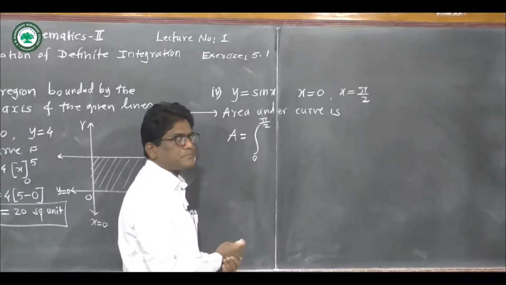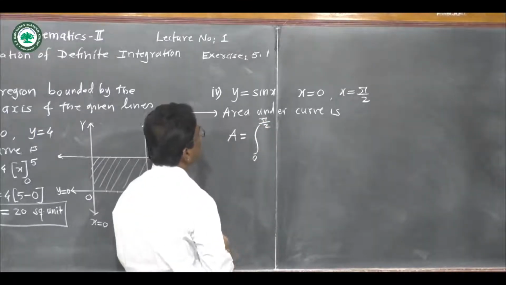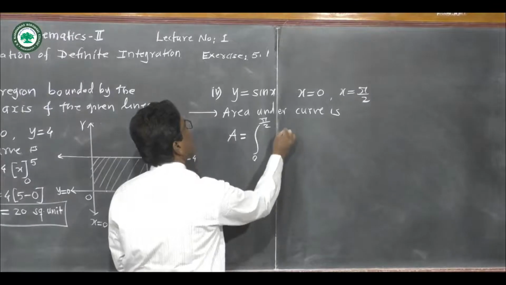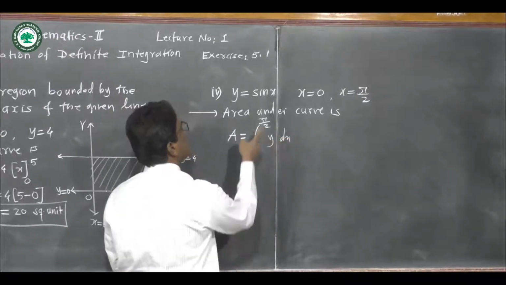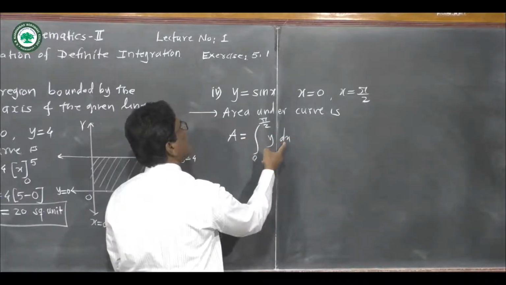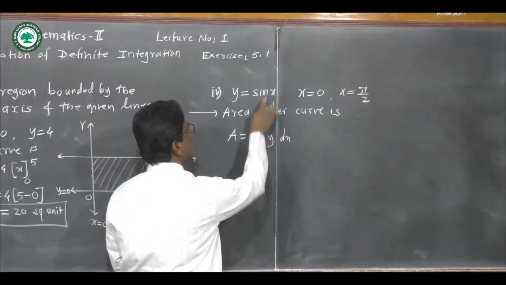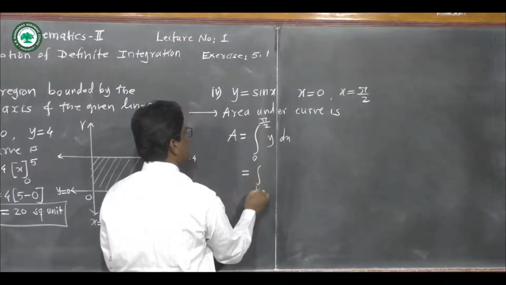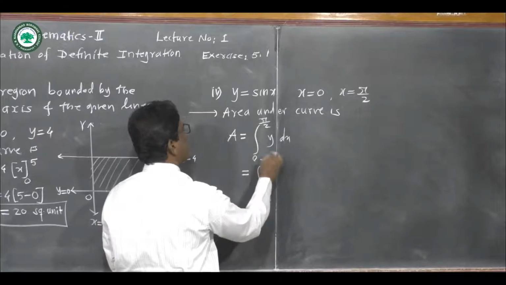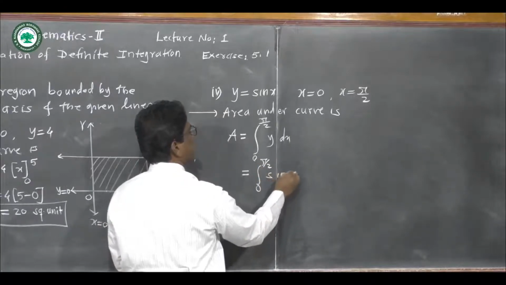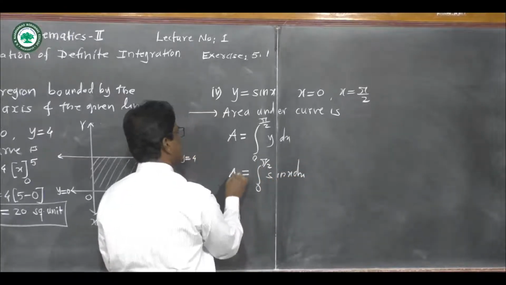These are the values of x, so we take dx, so y dx. Now put the value of y: integration from 0 to pi by 2, sin x dx.